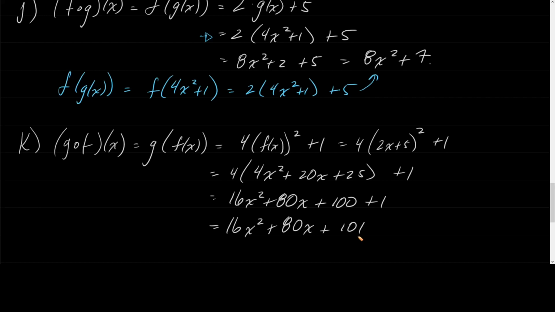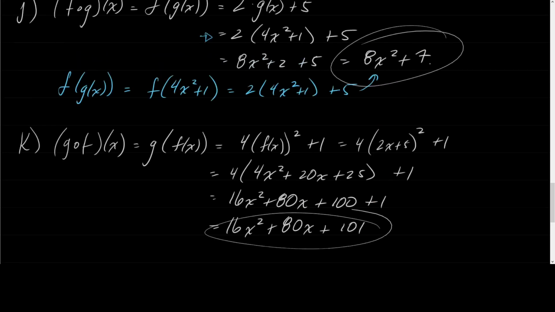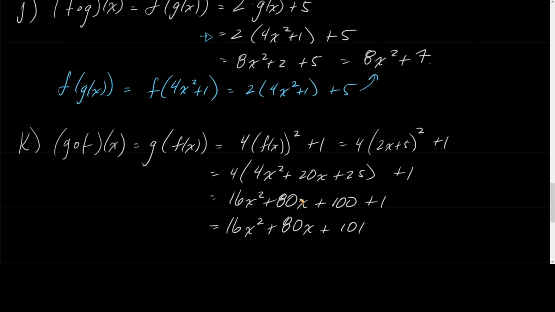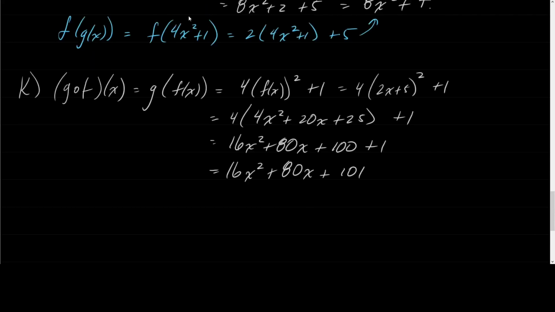All right. What I want you to notice here is that right away we see something. I want to make a note here. Our final answers were different, right? They were different. So in general, I'll make the note here.